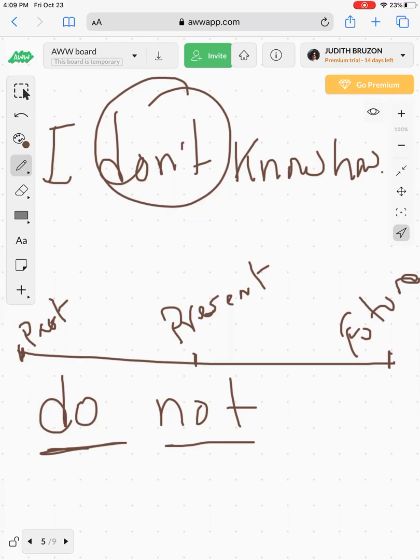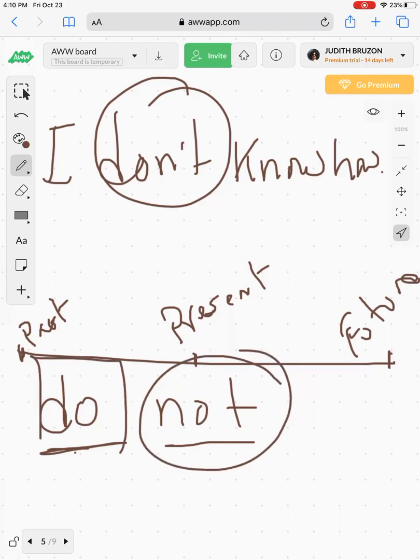So here I have the contraction. Contractions are made when we put two words together, right? So the two words are do not. So he could have told me, I do not know how, which is the same as saying I don't know how. So remember that a negative statement must contain the word not after the helping verb.